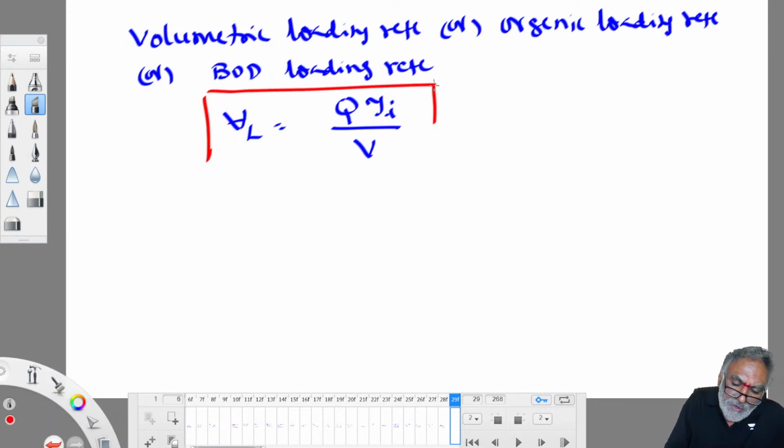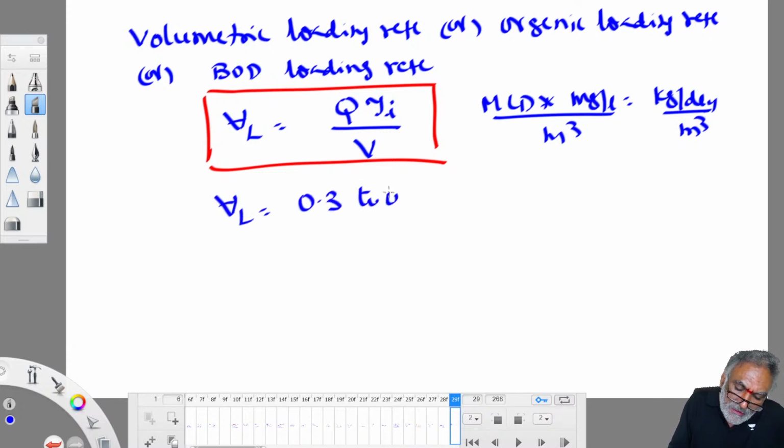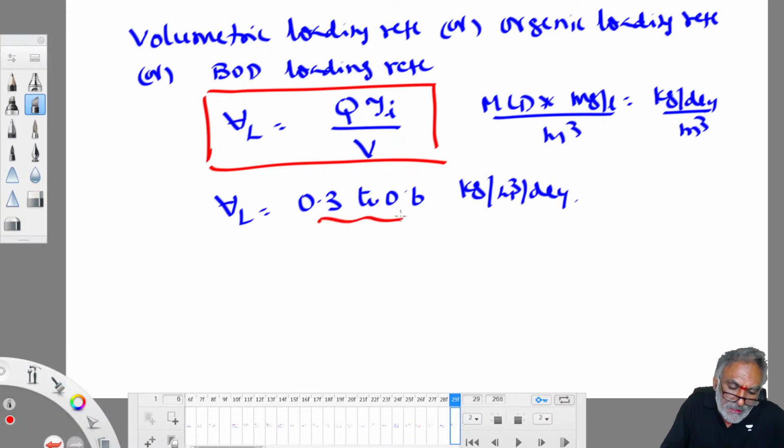So this will give volumetric loading rate. Substitute Q value in MLD, YI value in milligram per liter, so that this product will give the answer in kilogram per day per meter cube. The volumetric loading rate is normally 0.3 to 0.6 kilogram per meter cube per day. This is another parameter, the fourth parameter.